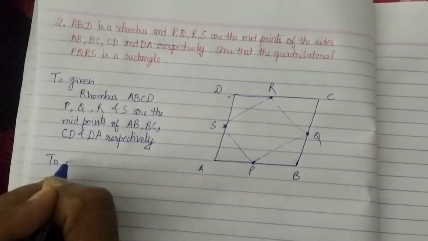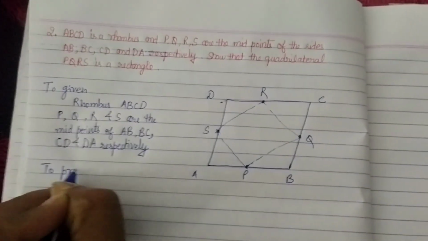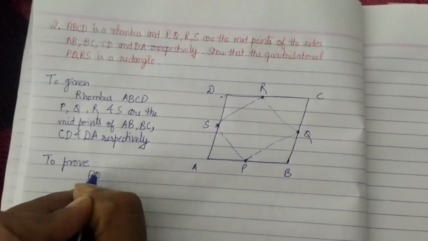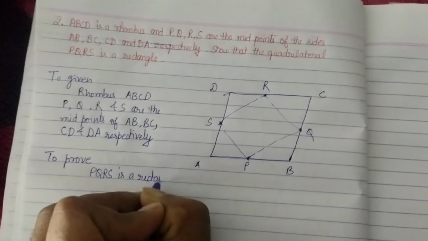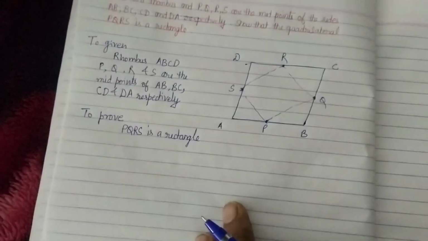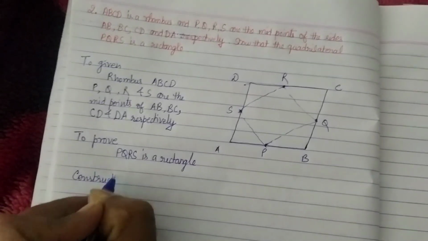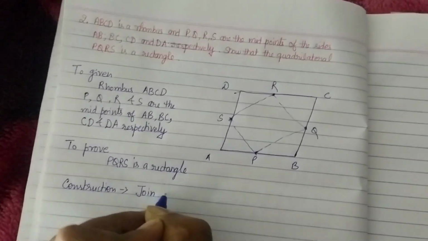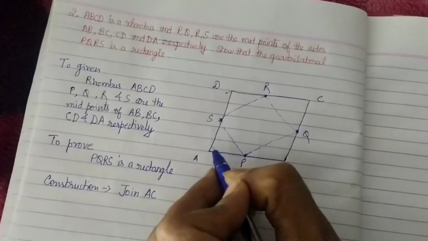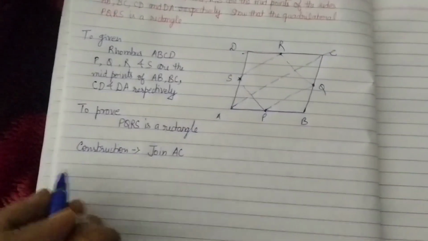To prove: PQRS is a rectangle. We'll do a construction here. First we will prove it a parallelogram. Join AC. So we'll join this AC.